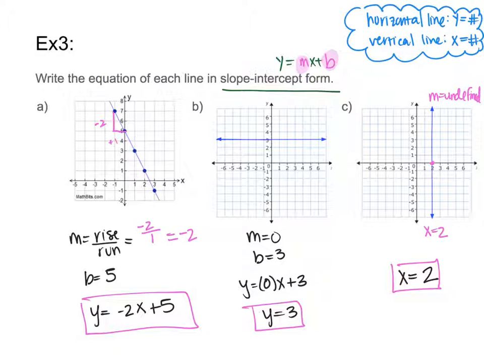They're a little bit shorter just because both of these don't have interesting slopes. This one here had a slope of 0, and this one here, the slope is undefined.